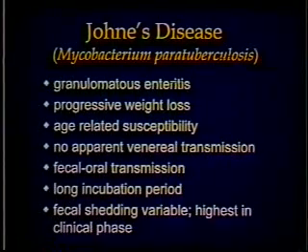So it produces a granulomatous enteritis that results in a chronic diarrhea, sometimes more acute, and this causes weight loss in the animals, in other words, unthriftiness, and occurs primarily in cattle over 2 years of age, even though the initial infection took place when they were very young.